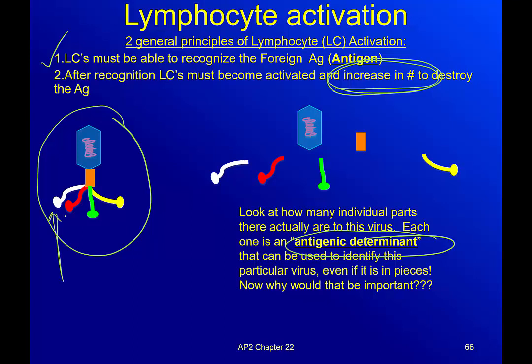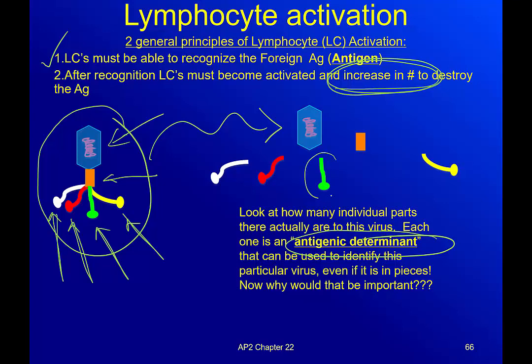If you look at all the parts and pieces over here, they are each individual parts and pieces, just like the name letters. Each part that is different that can be recognized is called an antigenic determinant, and each one can be used to identify this particular virus. Why would that be important?